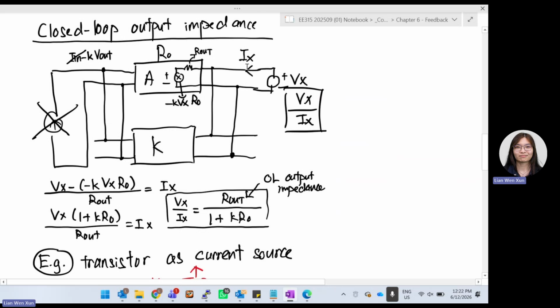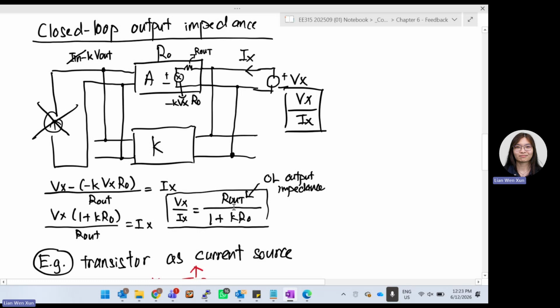How do we find what is Ix? We say it is Vx minus whatever is at this point, which is negative K Vx R naught, divided by R out. That is your Ix. So if we rearrange, we just want to find Vx over Ix, you get R out over 1 plus K R naught.